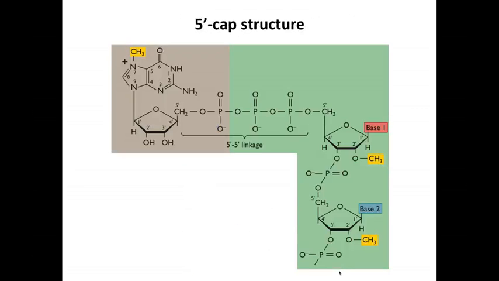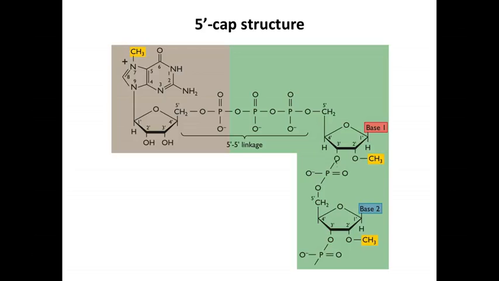At the other end of the mRNA, at the 5' end, is an unusual structure called the 5' cap structure, illustrated chemically here. Here's the 5' cap beginning at the very 5' end of the mRNA, and it also includes some other bases. As you know, the bases in RNA or DNA are linked in a 5' to 3' direction.